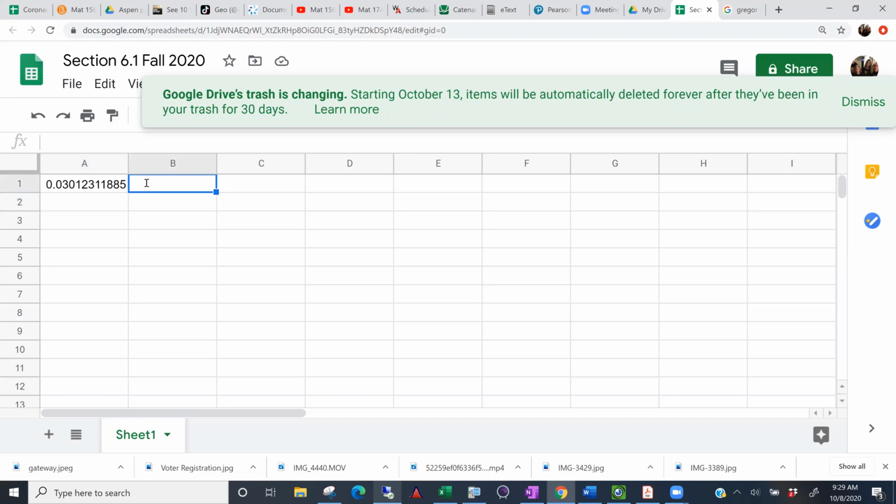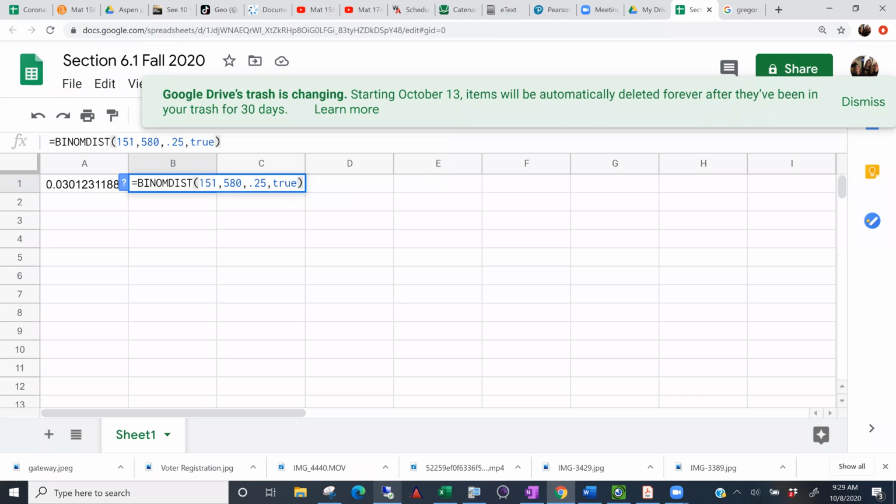So it's going to equal binomial distribution of 152, actually, no, 151, comma, 580, comma, 0.25. This time I'm going to hit true.